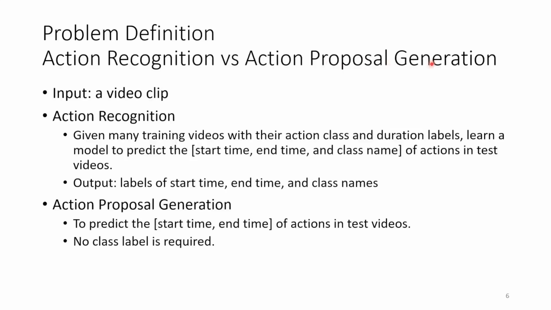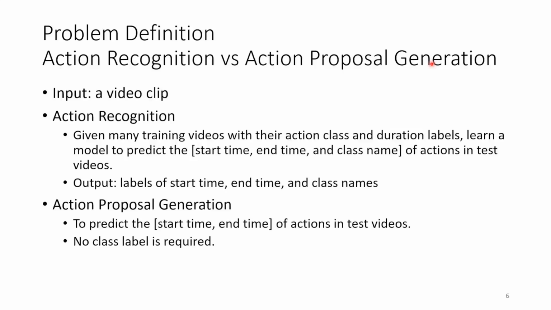So what's the difference? Suppose there is a video clip, and there are several actions within the clip. For temporal action detection, they want to answer the question, what the action is, or what the class is.